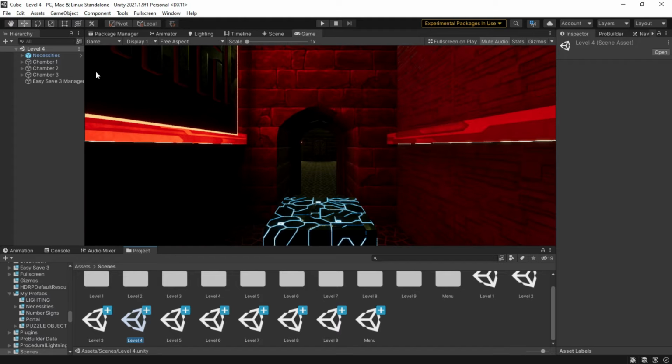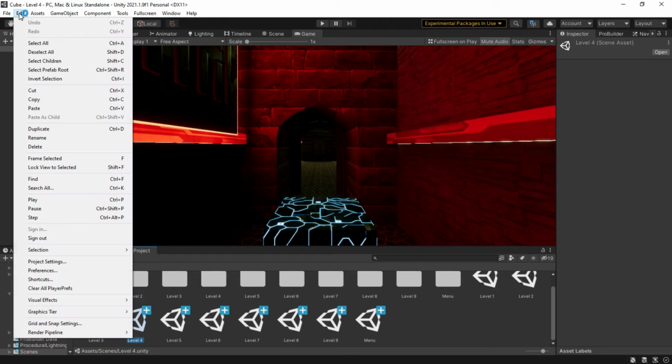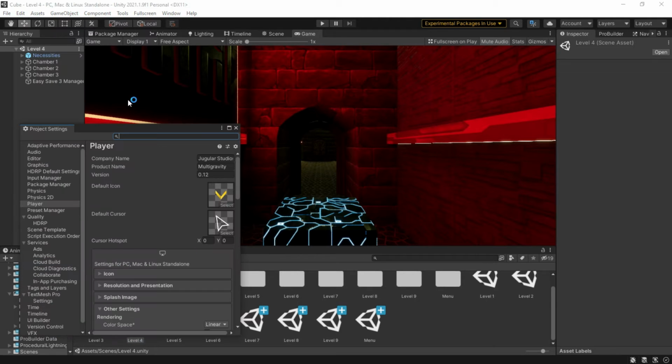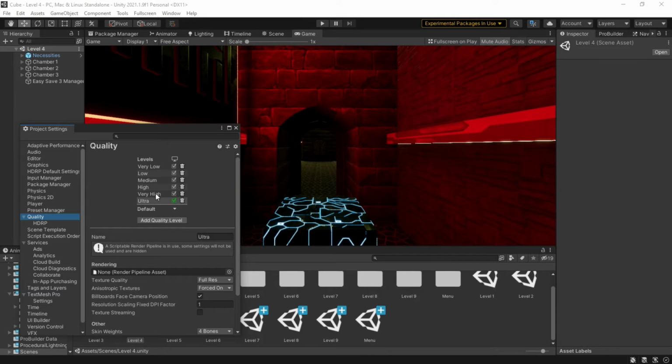The next thing that was wrong was that the graphics settings would not change. Now, let's see, project settings over here for quality. Over here, we can see that the default is ultra, right? And if we go to very low, it's a very small difference.